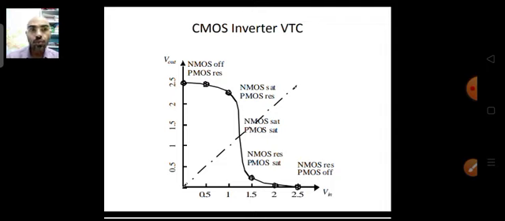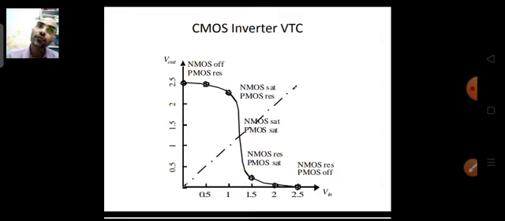To get this voltage transfer characteristics, we took the points of intersection which we saw in the last slide, plotted all of them together on this curve, and then joined them. After joining them, what we get is your voltage transfer characteristics, and from this you can see that your NMOS and PMOS operate in different regions. For a few of the points I have told you in which region they operate, and those regions of operation you can see very clearly in this slide.